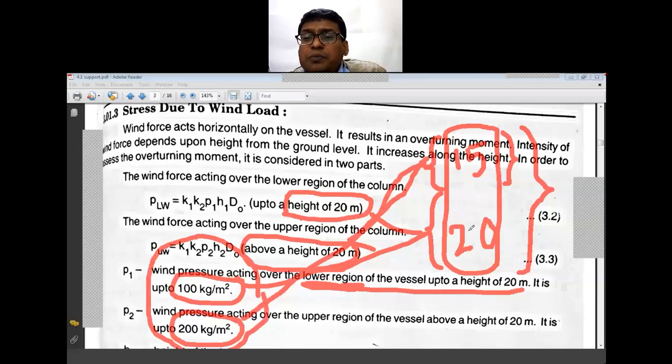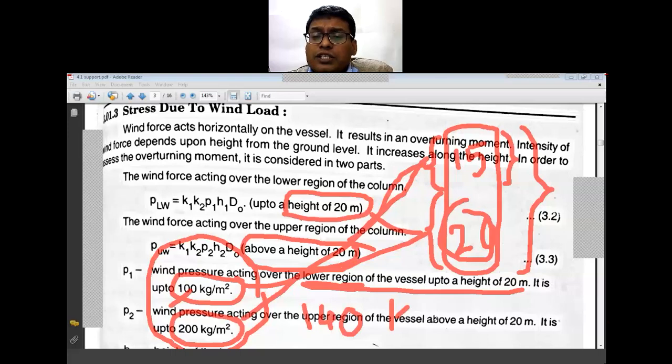Even if the height is more than 20 meters, I take the average value, that means more than 100 kgs per meter square, say 140 kgs per meter square. This value I have assumed for my calculation. So this is the load acting on the vessel.